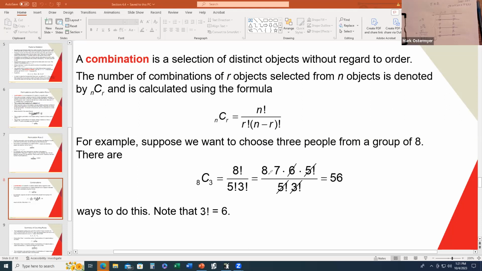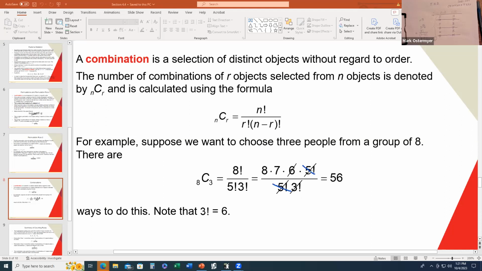Now, what is 8 factorial? 8 factorial can be written as 8 times 7 times 6 times 5 factorial, because 5 factorial is 5 times 4 times 3 times 2 times 1. Why did they write 8 factorial as 8 times 7 times 6 times 5 factorial? Because this 5 factorial in the numerator is going to cancel out with the 5 factorial in the denominator.